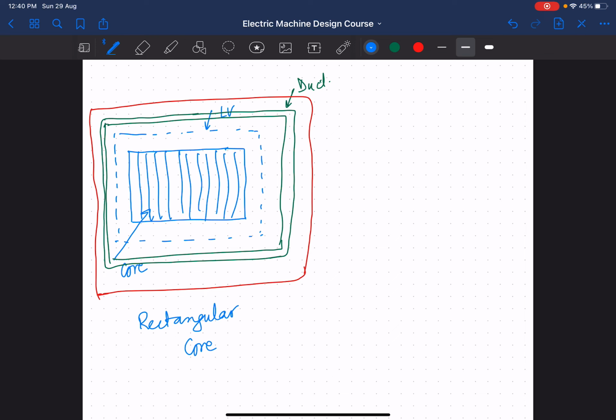In contrast, what do you have in the cruciform case? You have something like this. The core is something like this.